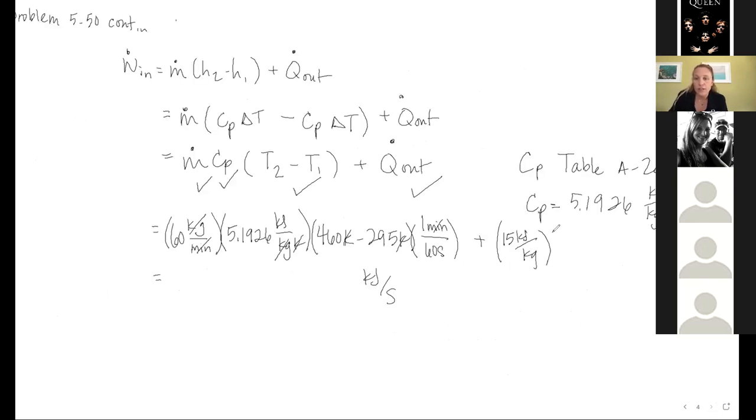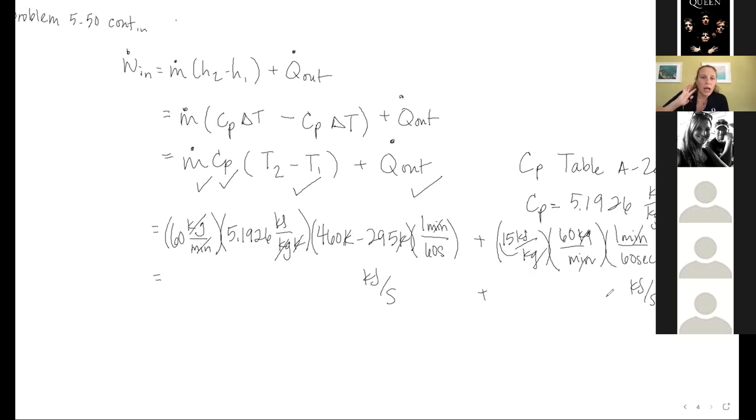So if we consider the same mass flow rate of 60 kilograms per minute times 1 minute is 60 seconds, then these units will give us our heat loss in kilojoules per second. So now we're able to add kilojoules per second, assuming that during this compression of these 60 kilograms per minute, we are losing this amount of energy per second.